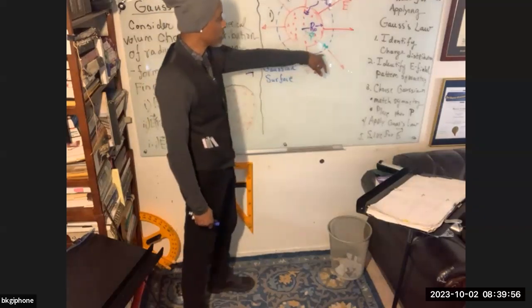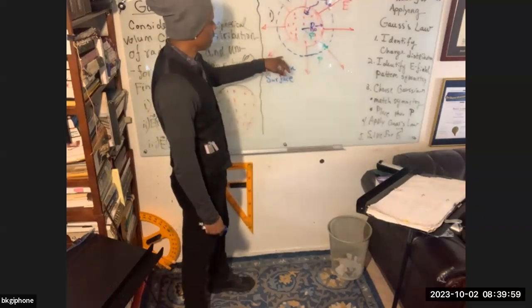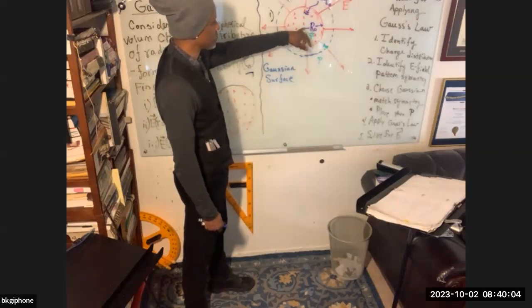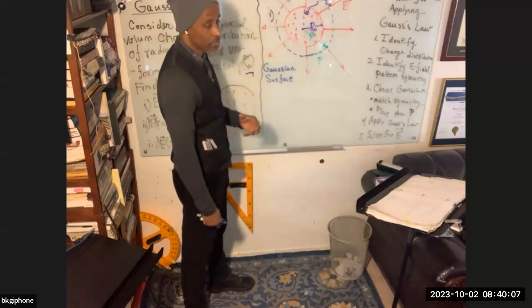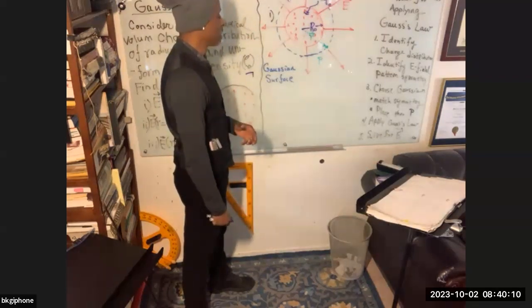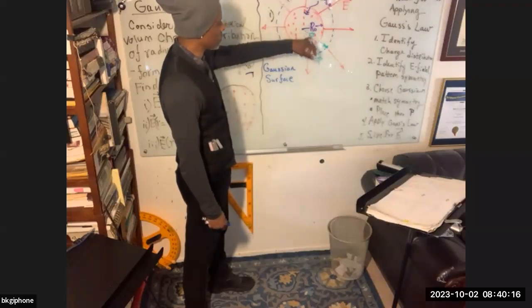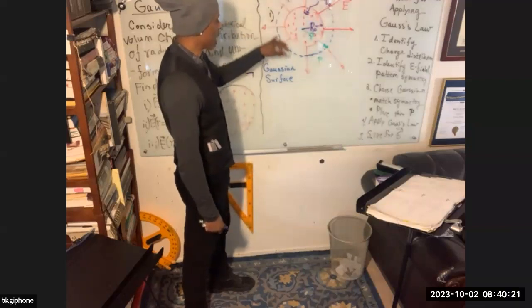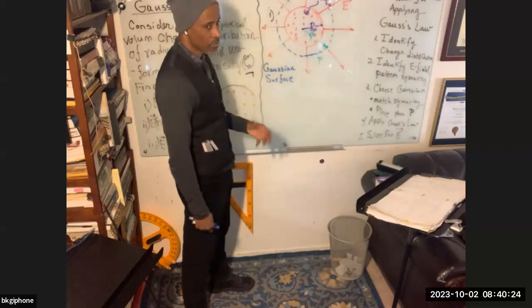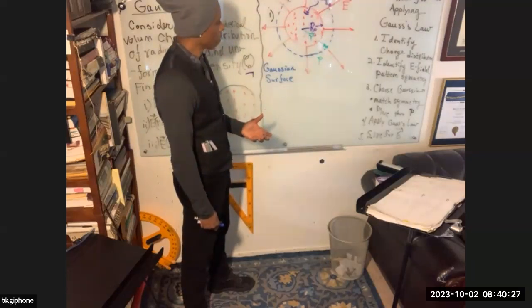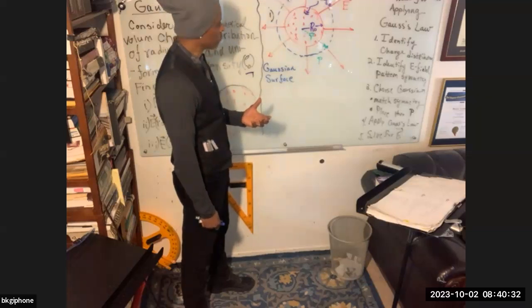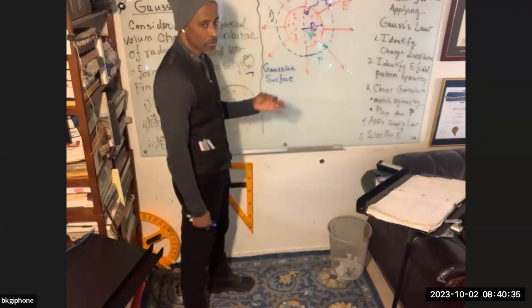So in this case, we can say the same thing: since every point on the Gaussian surface is the same distance from the center of the charge distribution, and the charge distribution is circular, we would expect the value of the field to diminish from the center to point P, or to R, in the same way, so that the magnitude of the field everywhere on the surface would have to be the same. And the angle at which the electric field crosses the Gaussian surface is also the same.